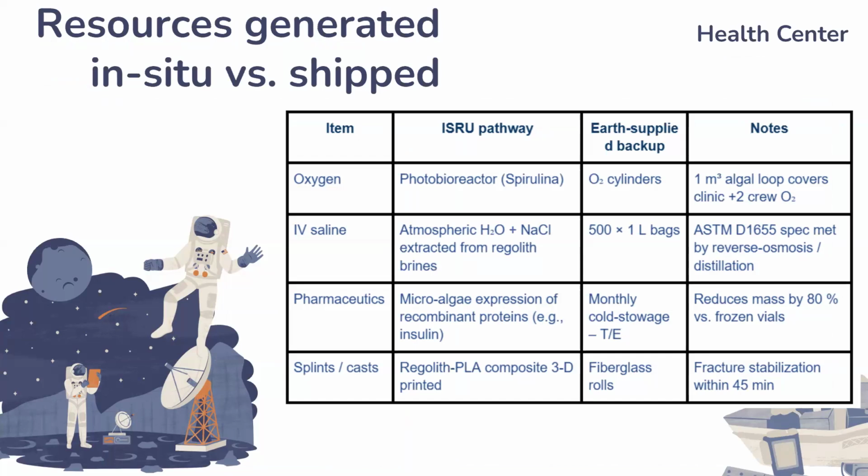First we'll start with the oxygen, which is the most critical consumable in our design. We use a spirulina-based photobioreactor; spirulina is a cyanobacterium. It's highly efficient at photosynthesis and has been selected by multiple space agencies, including the ESA's MELiSSA program, for closed loop life support systems. One cubic meter of spirulina culture can meet the oxygen need of around 2 crew members plus the clinical minimal oxygen demand.